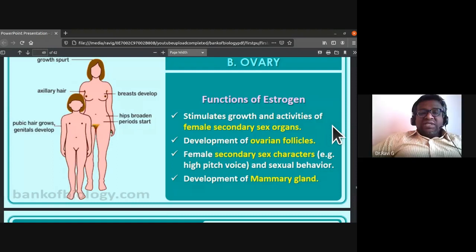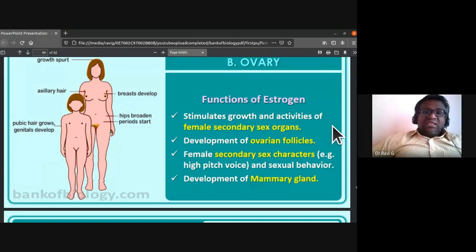The maturation takes place, the menstrual cycle commences. The first menstrual cycle we call menarche. The last menstrual cycle is called menopause. So the estrogen is going to stimulate the growth and development of this female secondary sex organ, that is the ovary.